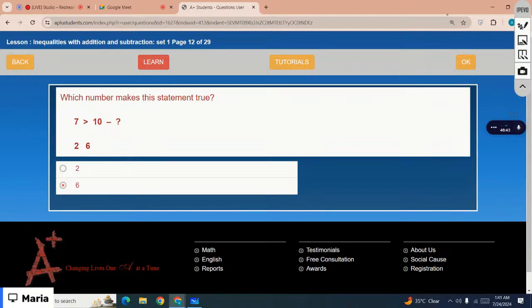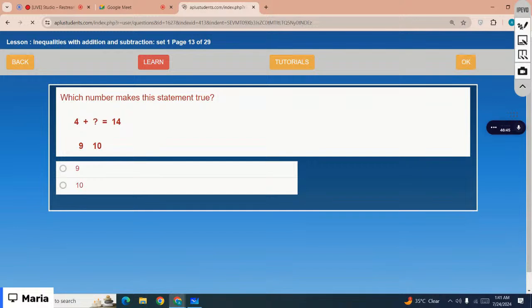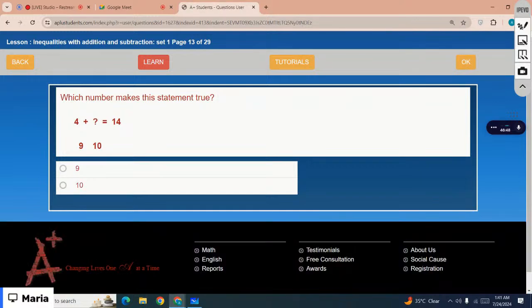Because 7 is greater than 4. 10 minus 6 is 4. Which number makes the statement true? Yes, that is 4 plus 10 makes 14. So the correct option is 10.